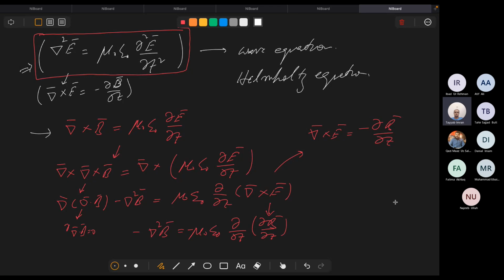So this means we can write like minus del square magnetic field, and this one, the sign got cancelled, okay.